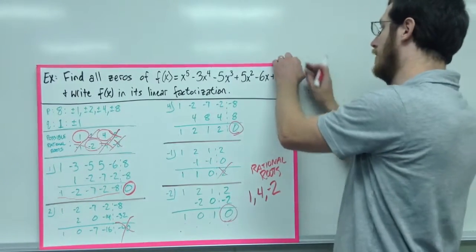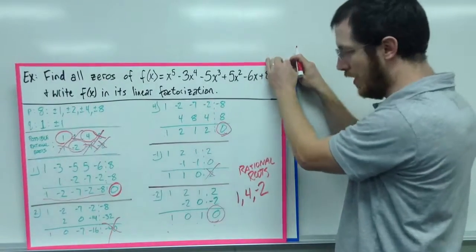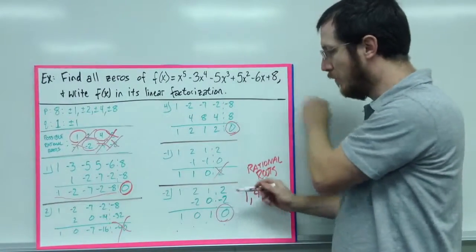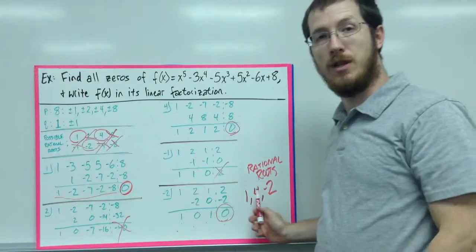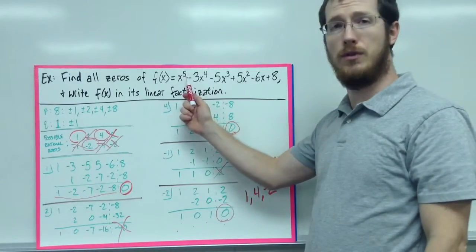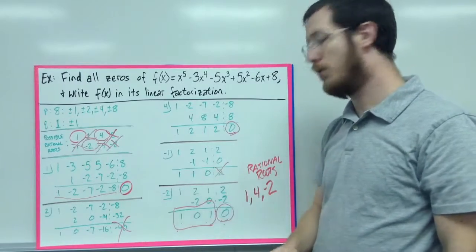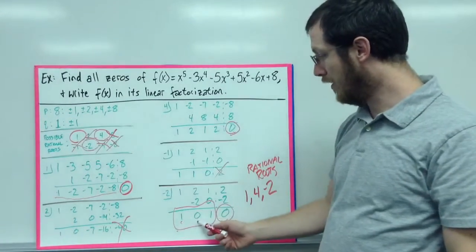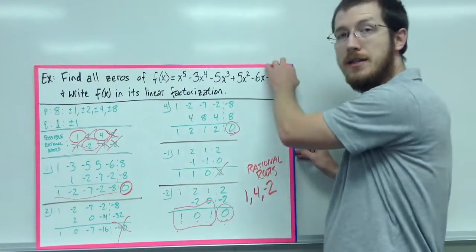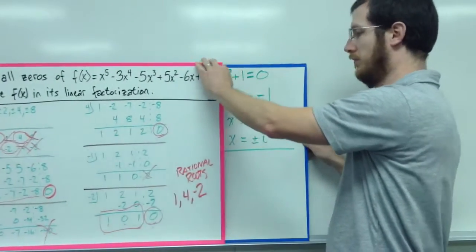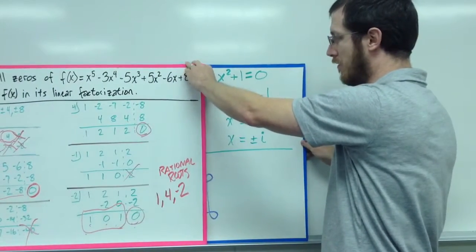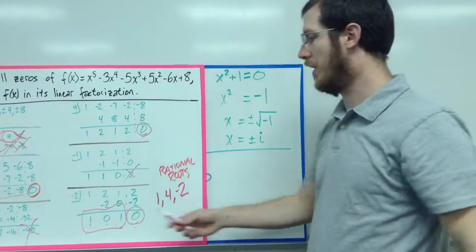So what do we do with those? What we can do is we can take these as 3 of our roots. We still need to find these 2 roots though. So if we take this last row, then 1, 0, 1 is the same thing as x squared plus 1. Set it equal to 0. Okay, so we've got a quadratic.